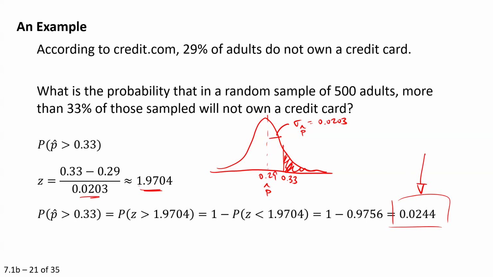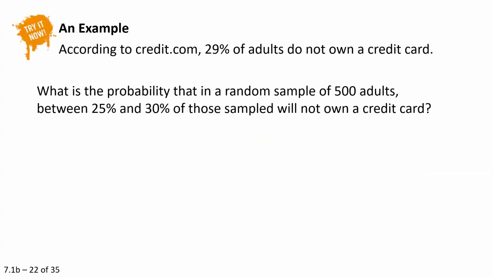So 2.5% of the time, you'll get a sample of 500 people where 33% or more of them say they don't have a credit card, even though the actual answer for everybody is 29%. Exactly right. Good.